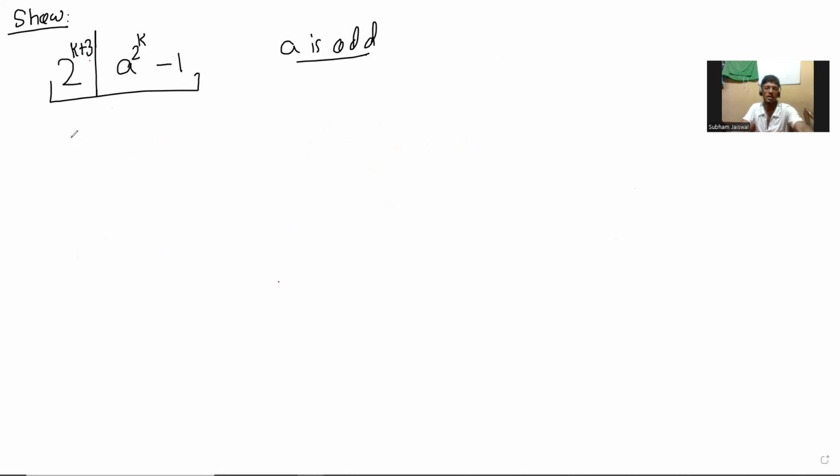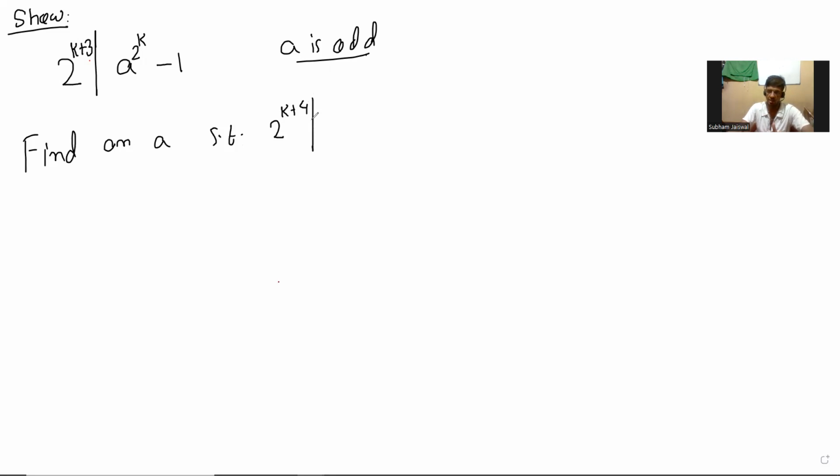Okay, so what I'm asking is find an odd a, find an a such that 2 to the k plus 4, so a is odd, okay, that is there. We just want to say that there is an a for which you cannot do better, okay?